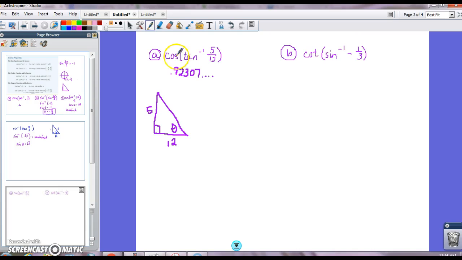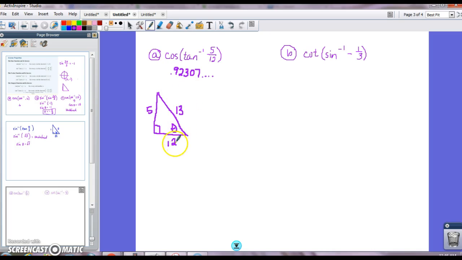Well, now I'm just trying to find the cosine of that same angle. So if I just use right triangle trig, if you're not familiar with the fact that 5, 12, and 13 are a Pythagorean triple, you could simply do the Pythagorean theorem to find that hypotenuse, and you come up with 13. And so now I'm going to say, well, what is the cosine of my angle here?